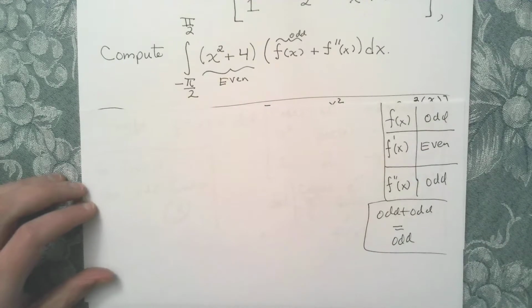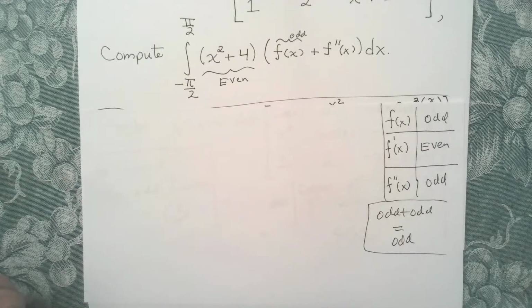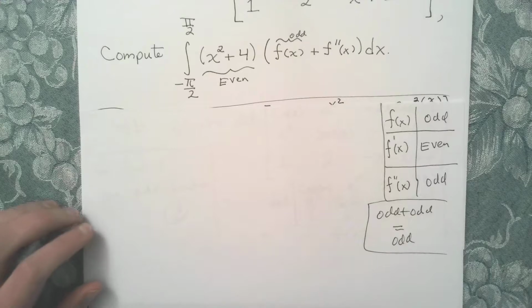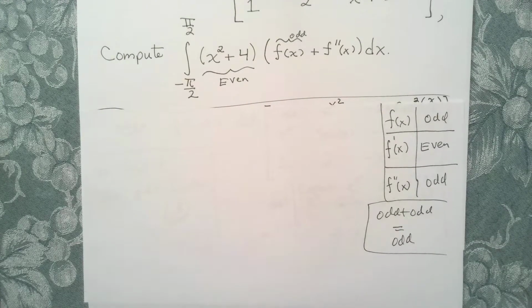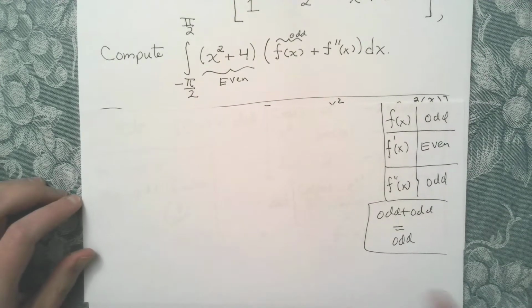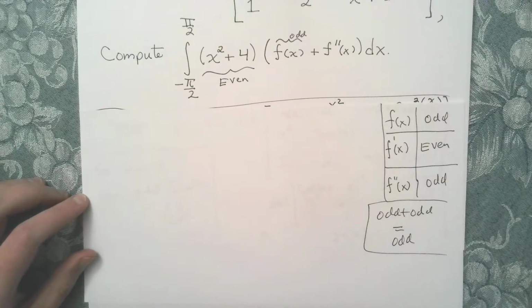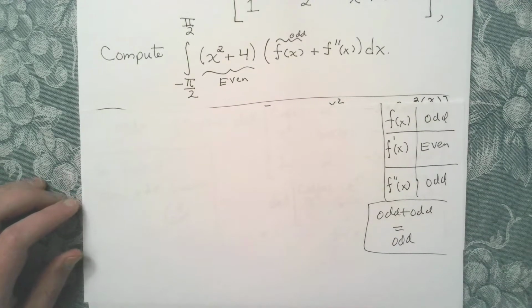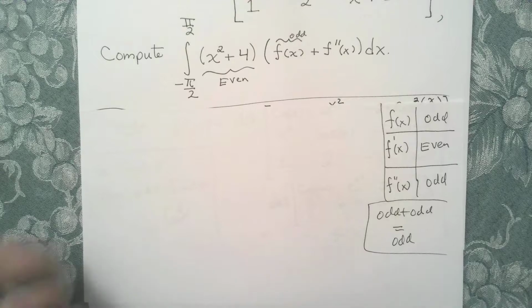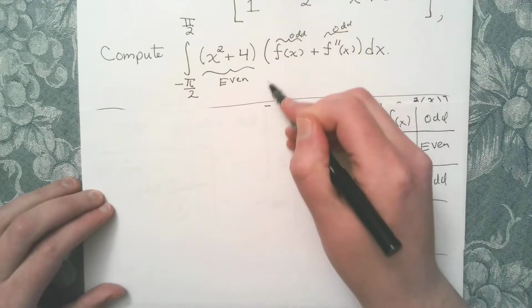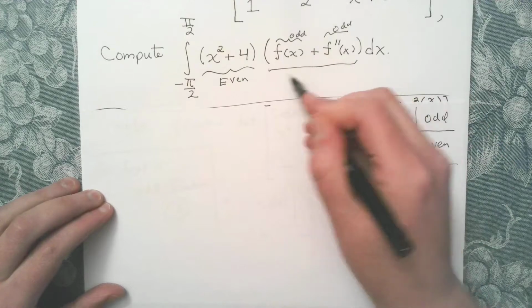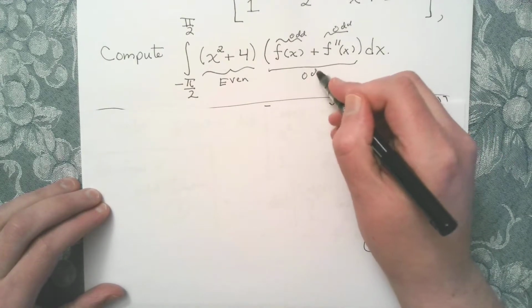So for sure that'll be an odd function. It's almost a little jarring to look at, isn't it, because you're so used to properties of numbers, right? An odd number plus an odd number is an even number, but with functions we've got to be careful and use the appropriate function odd-even rule. Awesome. Okay, so we know this will be odd, and so that means the sum will be odd.